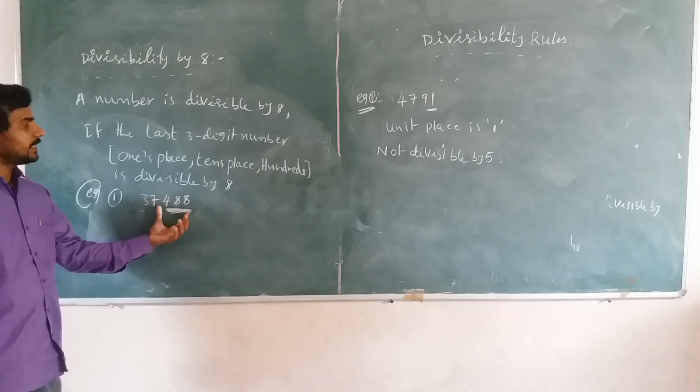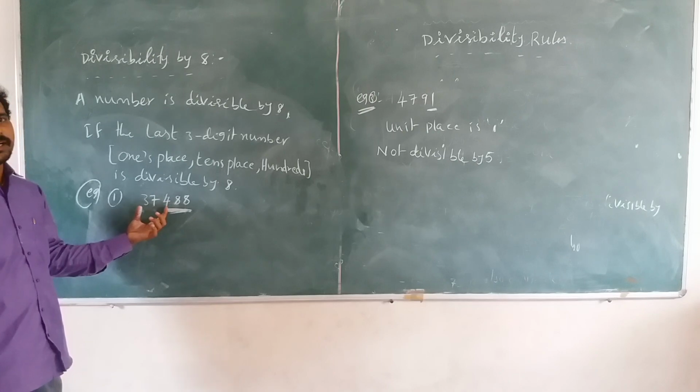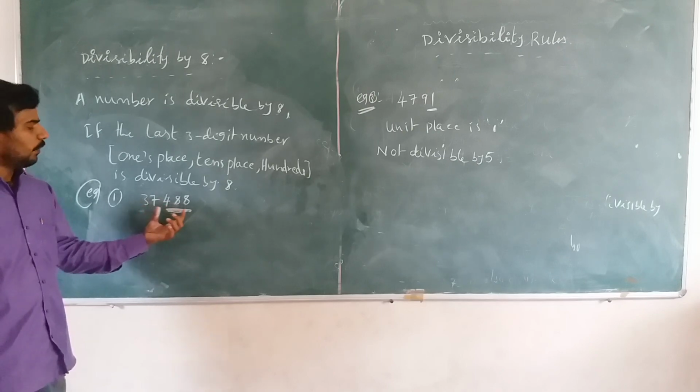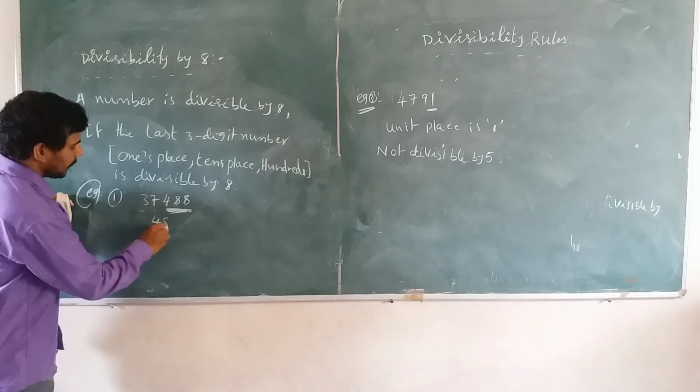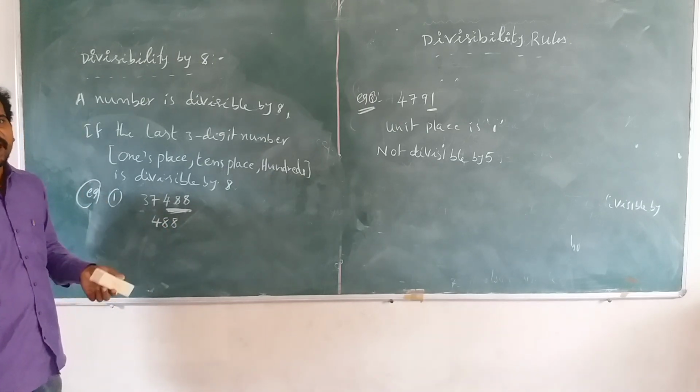You take the last 3 digits, meaning the ones, tens, and hundreds place digits. That's why it is 488. Now, is 488 divisible by 8 or not?